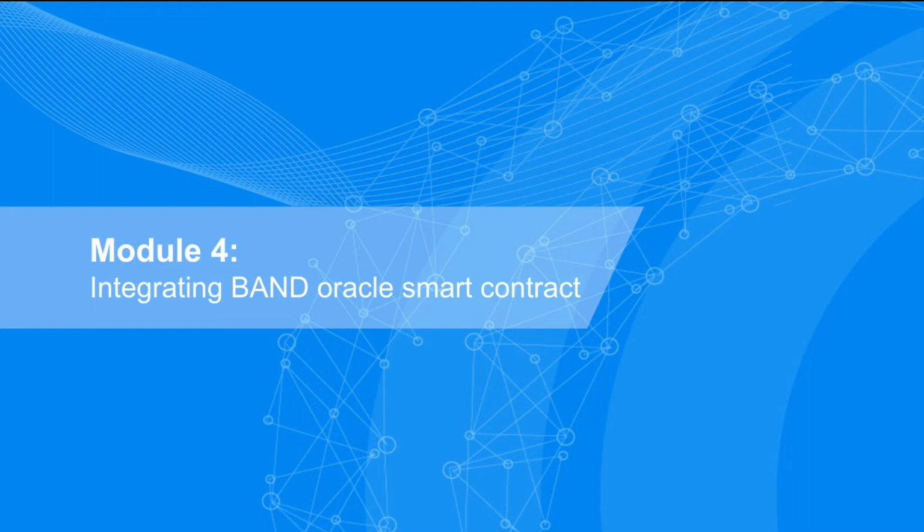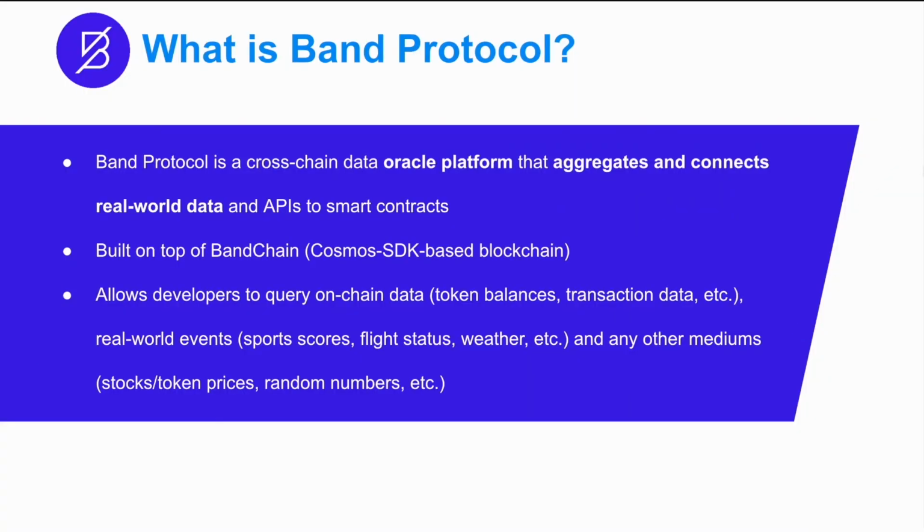First, I want to show you and explain what Band protocol is. Band protocol is a cross-chain data oracle platform that aggregates and connects real-world data and APIs to smart contracts. What does that mean?